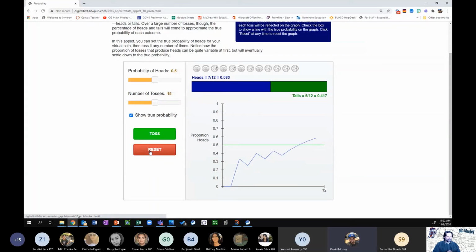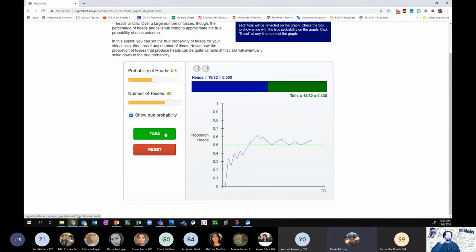The blue line is tracking the number of heads. We end with 0.6 heads and 0.4 for the probability of hitting tails. But we can see how this blue line starts moving up towards the 0.5. If I increase this to 50 simulations, it's going to keep going.